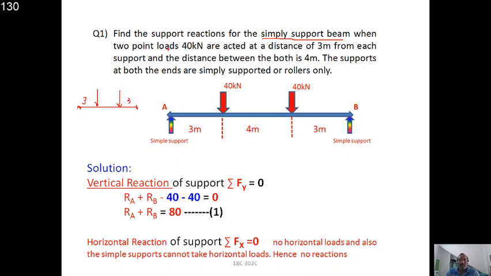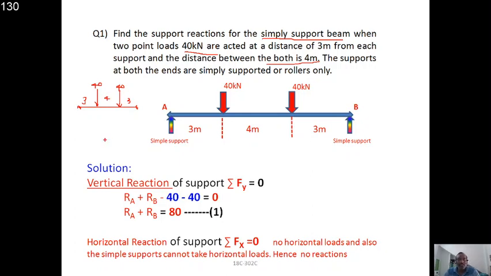Right. And he is saying that the two point loads are equal, 40 kilonewtons. Hence this is 40, and this is also 40 kilonewtons. And the distance between the two loads is 4 meters. Now he is giving this distance of 4 meters.